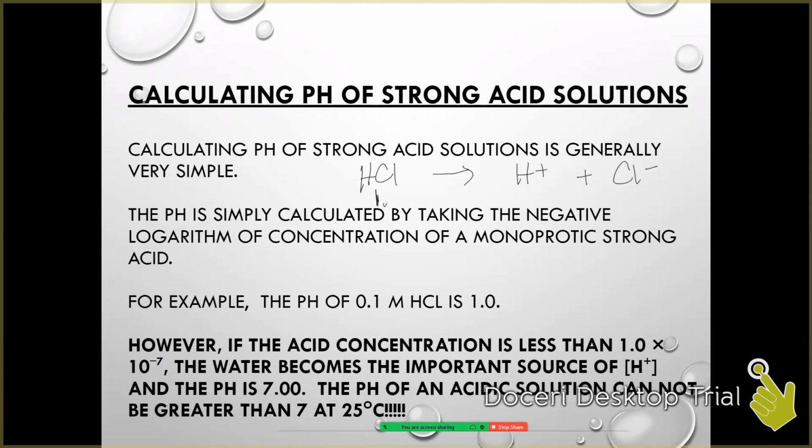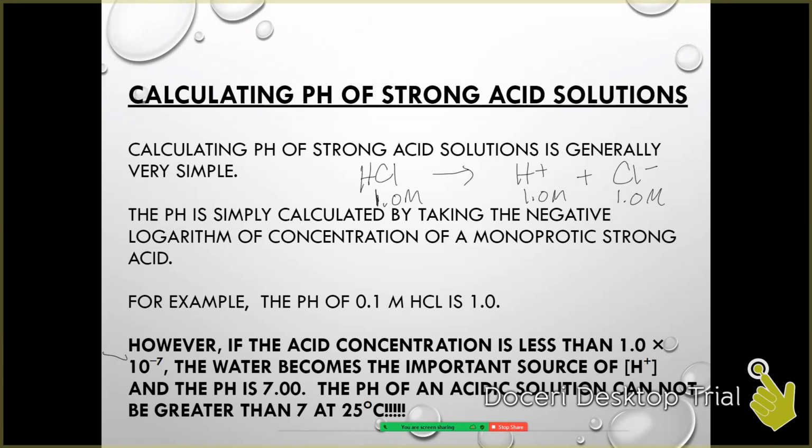If I know this is 1 molar, then I know these are also 1 molar, and that's because it's a strong acid. So if I had the concentration, then I could use my formula to get the pH. So the pH of a 0.1 molar solution of hydrochloric acid would be 1.